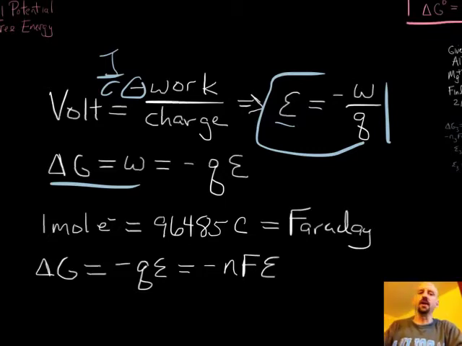And that quantity, that charge per mole of electrons, was first determined by one of the great experimental chemists of all time, Michael Faraday, and so this unit is associated with his name, and we call it a Faraday, often abbreviated with the capital letter F. So now we've come full circle here.